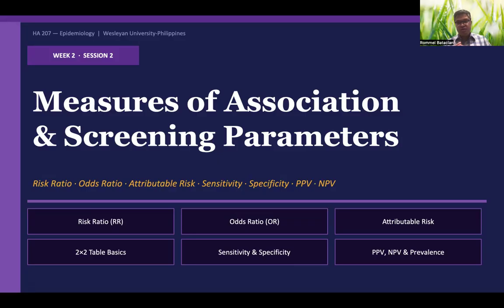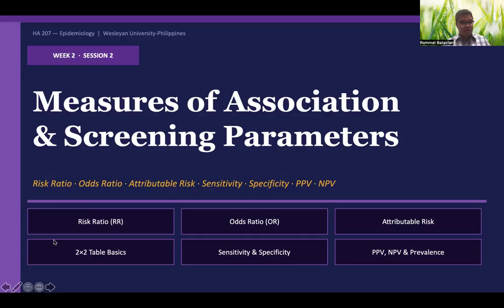By the end of this session, you'll be able to not just compute, but interpret risk ratio, odds ratio, attributable risk, sensitivity, specificity, positive and negative predictive values. These are the tools that you need, depending on your study design and clinical context.